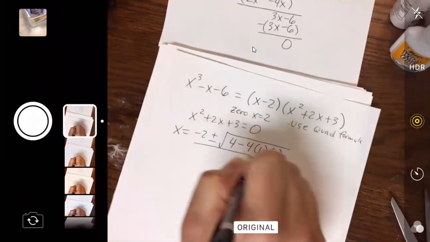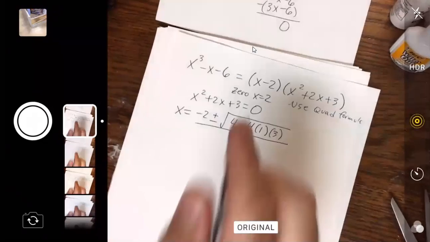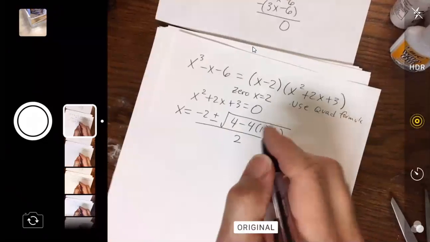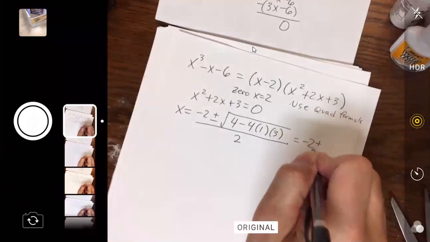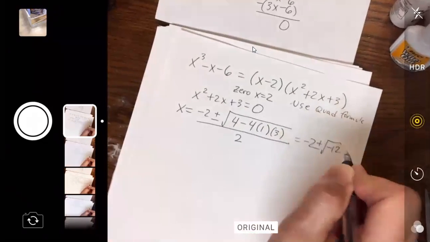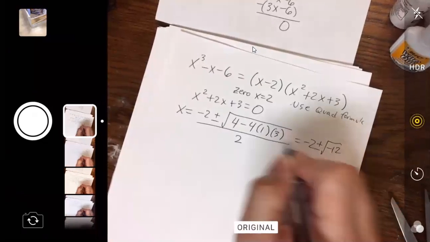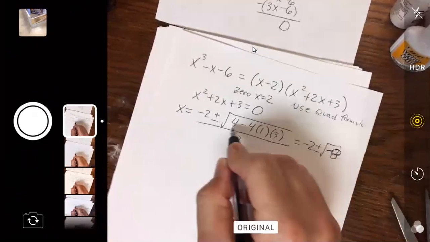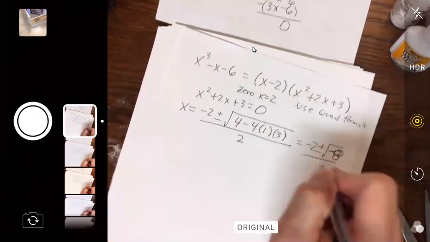You can tell you're going to get a negative under that root. Divided by 2a, which is 2. So that's going to be -2, plus or minus the square root of... I'm sorry, it's 4 minus 12, my fault. That's good. 4 minus 12 is -8, over 2.